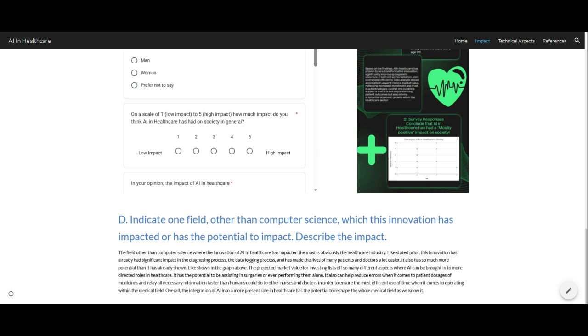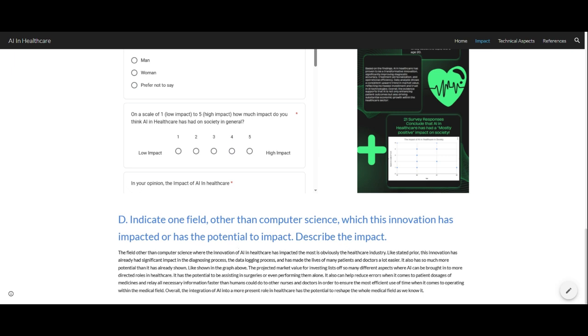And for D, indicate one field other than computer science which the innovation has impacted or has the potential to impact. Obviously, I talked about how the field that it is affecting is the healthcare field.